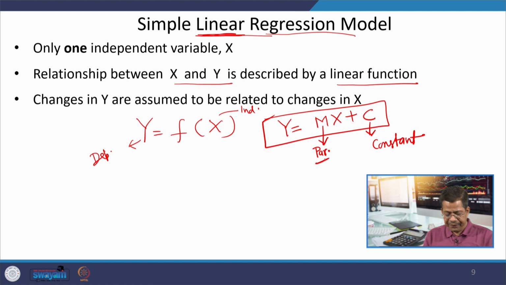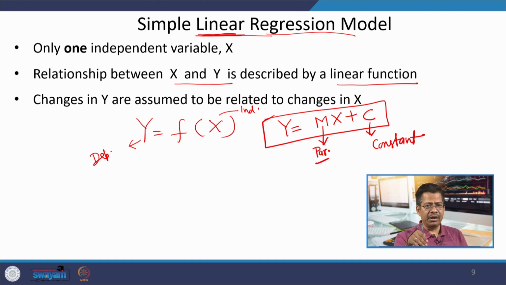With the help of m and c, you are able to develop a relationship between x and y. So, whenever we are trying to develop a relation between y and x, our job is to identify, to calculate the value of m and c, so that a specific relation between y and x can be established.